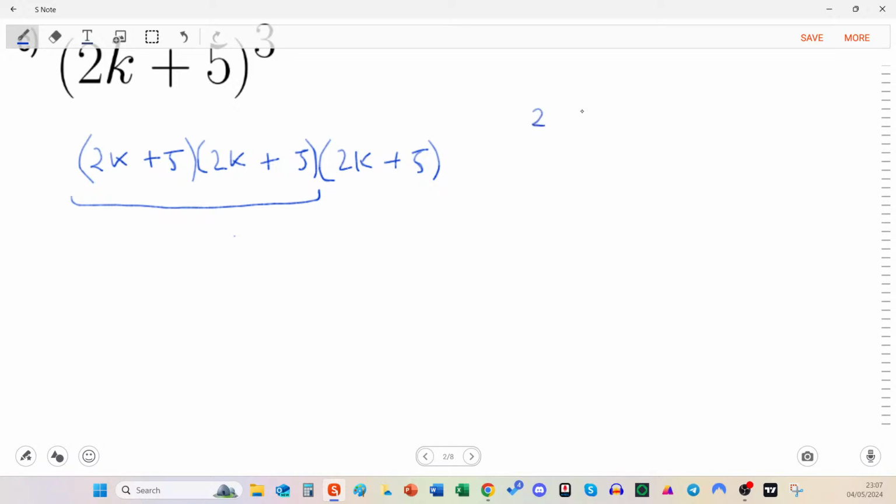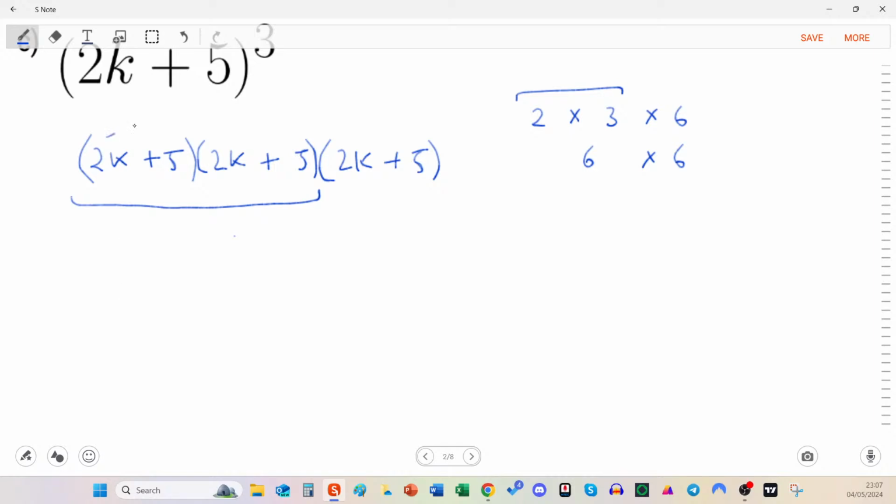And the way I explain it is, if I had 2 times 3 times 6, you wouldn't do all 3 at once in any situation, I can't imagine. You would do 2 times 3 first, which is 6, and then you'd multiply it by 6. So that's exactly what we're going to do here.